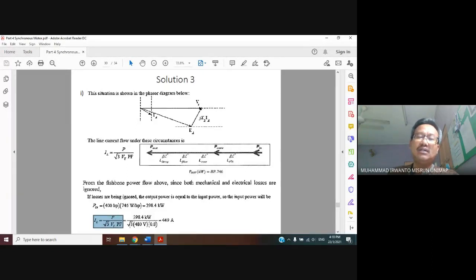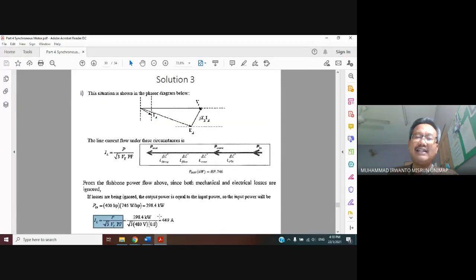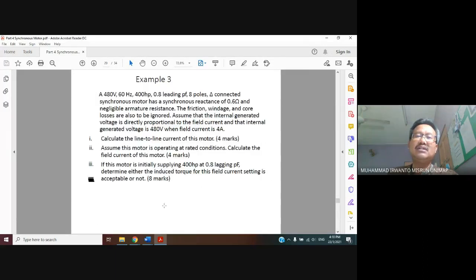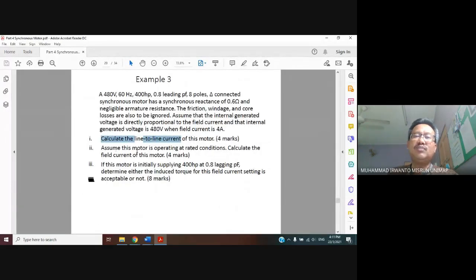Multiply by the power factor, given as 0.8. Now we obtain the line current, 449 amperes. Then assume this motor operates at the rated condition, calculate the field current of this motor.